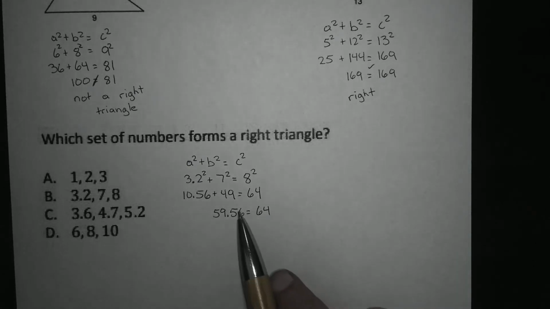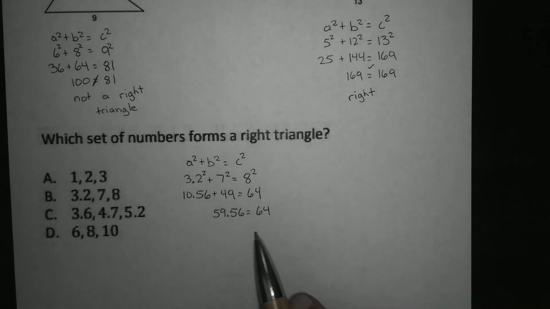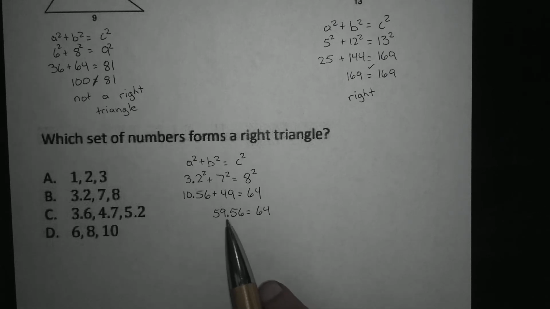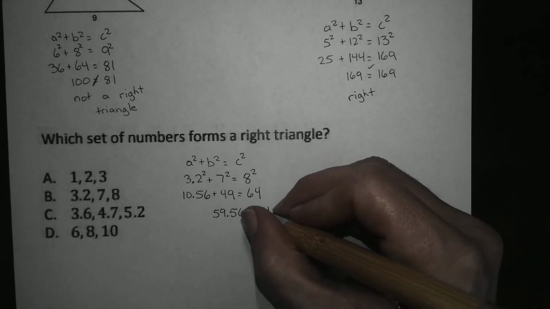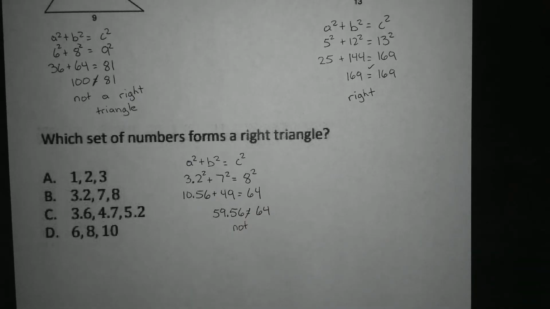So that's where I got that from. 7 squared is 49. 8 squared is 64, and then as you can see, after I've added, they don't equal, which means it's not. If you want to go ahead and pause the video and see if you can find the correct one, be my guest.